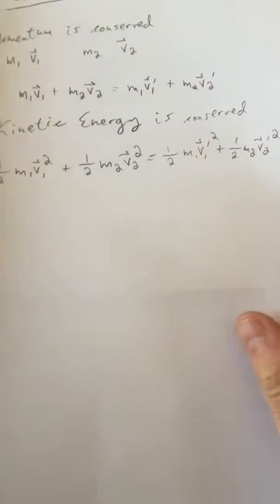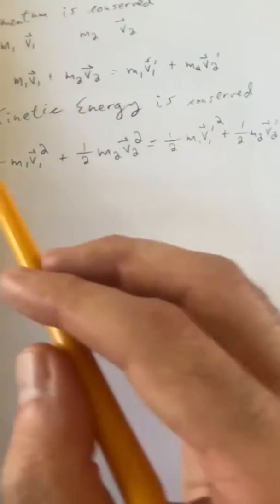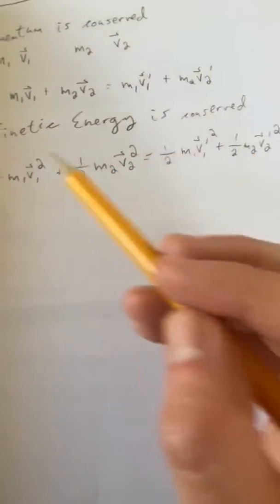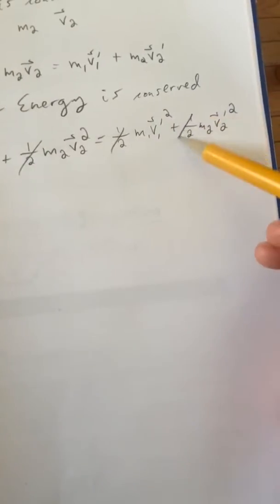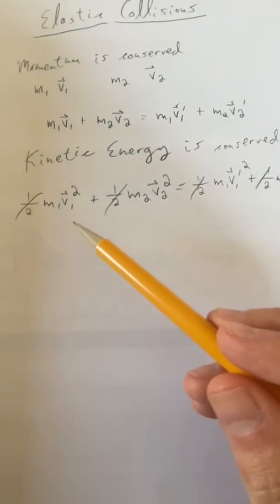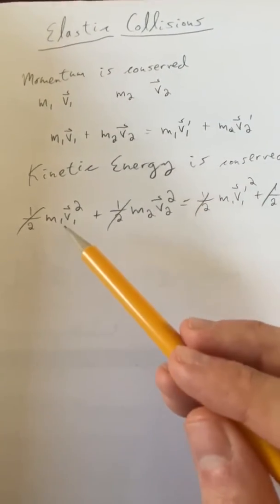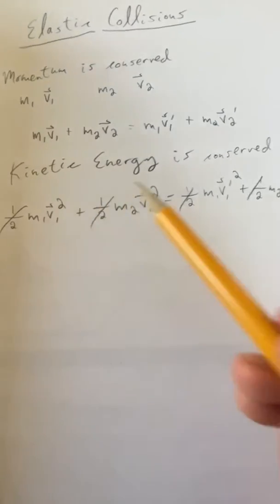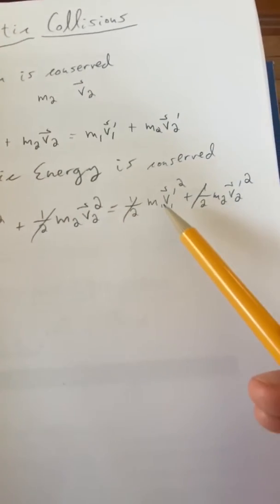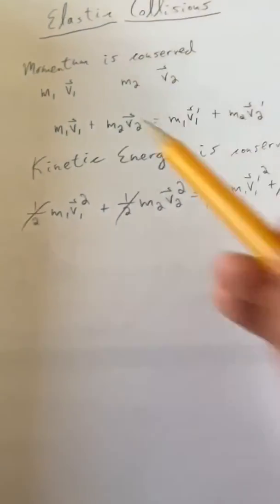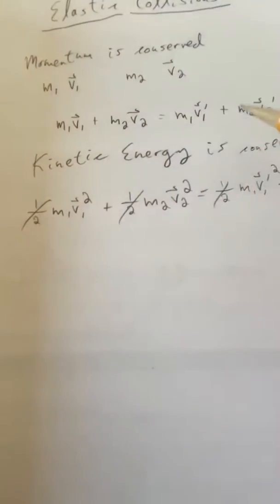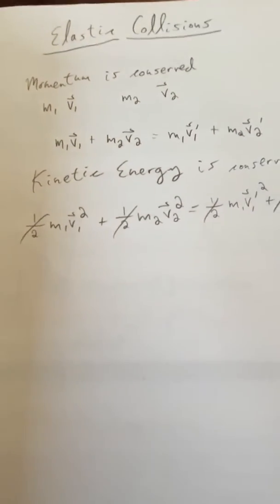Okay, so that's a lot there. And notice that 1/2 is common to all these terms, so you can cross those out if you like. You'll never really have to leave those in when you're looking at elastic collision problems, so you can simplify it as m1 v1 squared plus m2 v2 squared equals m1 v1 prime squared plus m2 v2 prime squared. Okay, so these are the two most essential equations when you're solving elastic collisions.